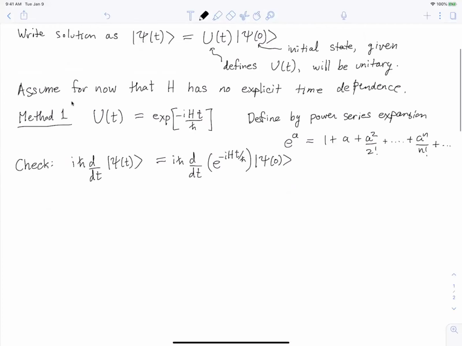And then when we take the time derivative, the nice thing about this is that taking the time derivative is just the same as pulling down a factor of the thing multiplying the time, which is minus i over h bar times the Hamiltonian. The only reason we can get away with that is because the Hamiltonian commutes with itself. So we can pretend that it's just a number.